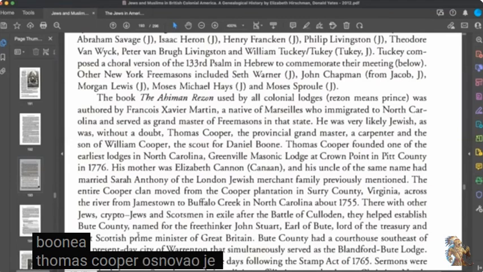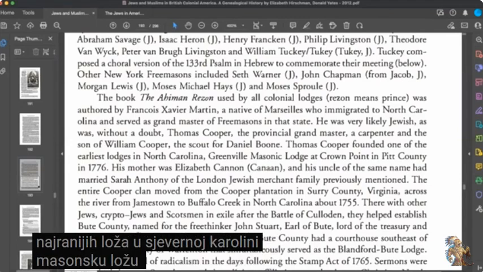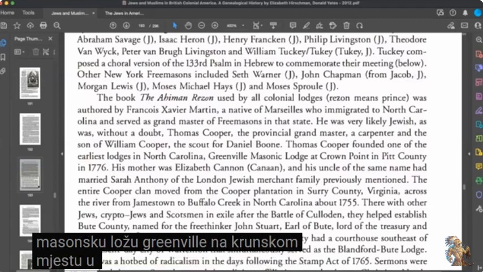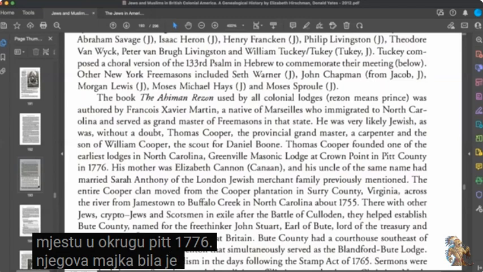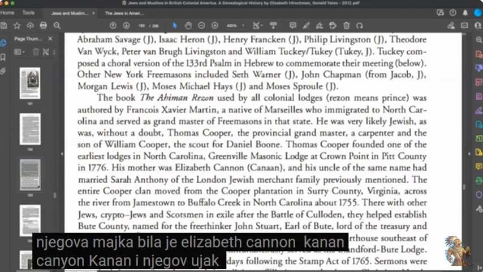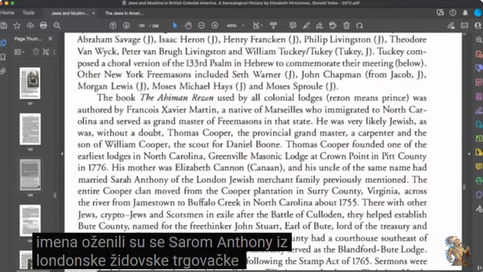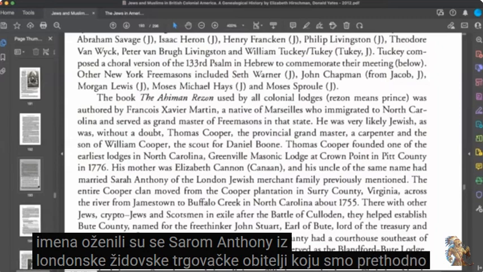Thomas Cooper founded one of the earliest lodges in North Carolina, Greenville Masonic Lodge, at Crown Point in Pitt County in 1776. His mother was Elizabeth Cannon, and his uncle of the same name had married Sarah Anthony of the London Jewish merchant family previously mentioned.